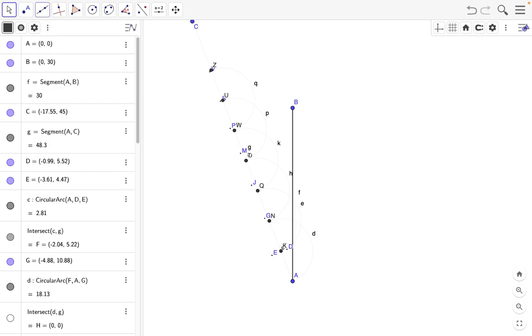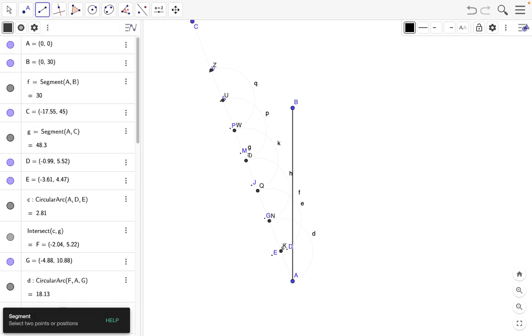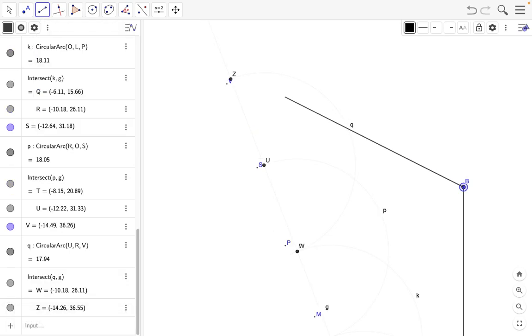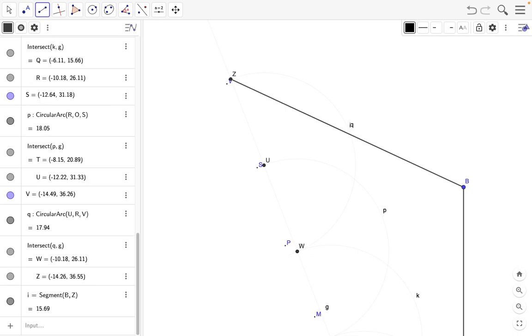So first I will join by the segment command. Yes. So that you can see, if I just show you, that is the line segment between B and Z, so there was no problem.